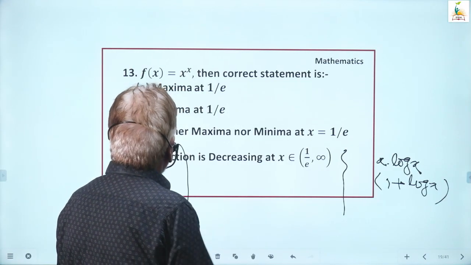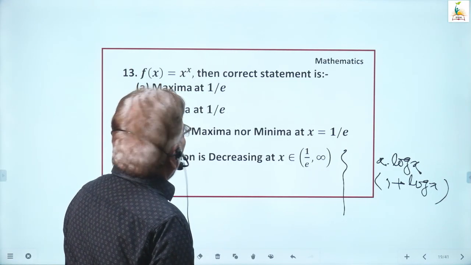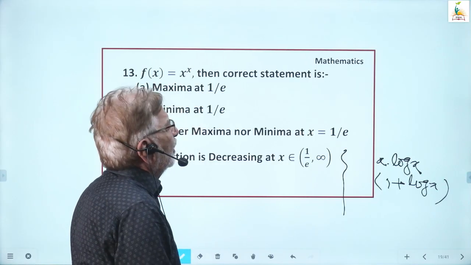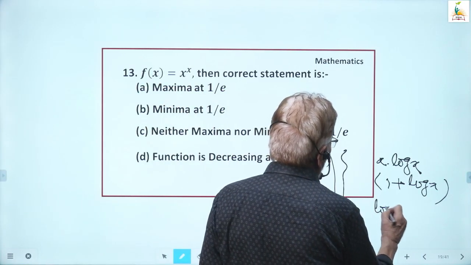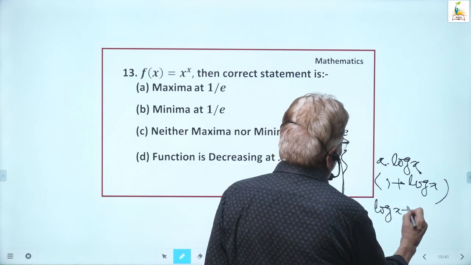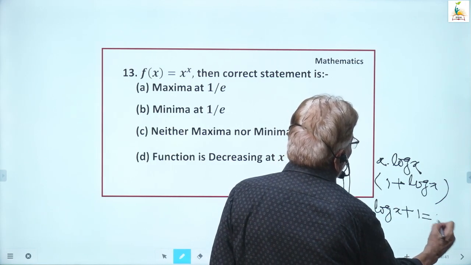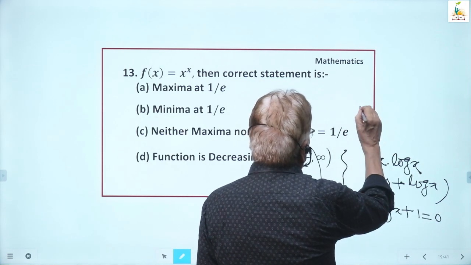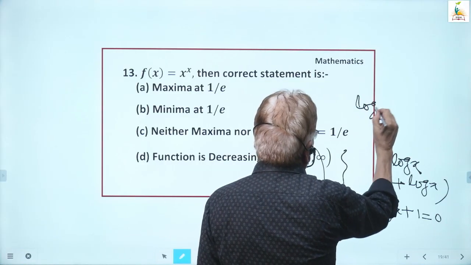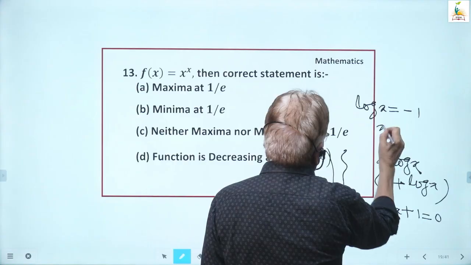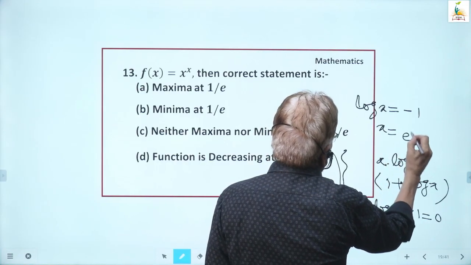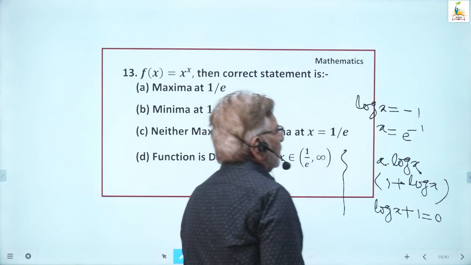Then the correct statement is at x equal to 1 upon e. If I put log x plus 1 equal to 0, log x equal to minus 1, x equal to e raised to minus 1.